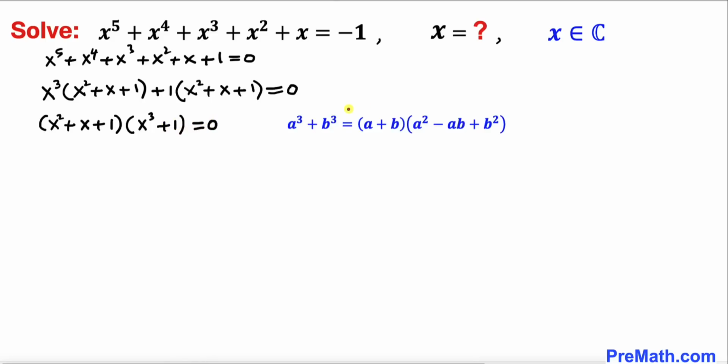Now let's recall this identity: a^3 + b^3 can be written as the product of (a + b) times (a^2 - ab + b^2).